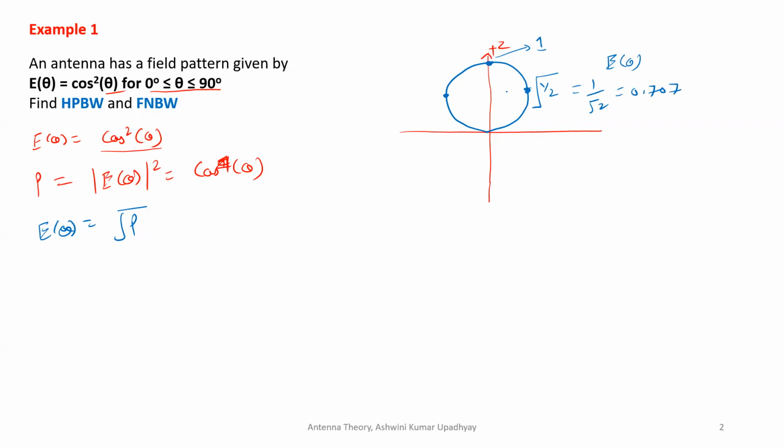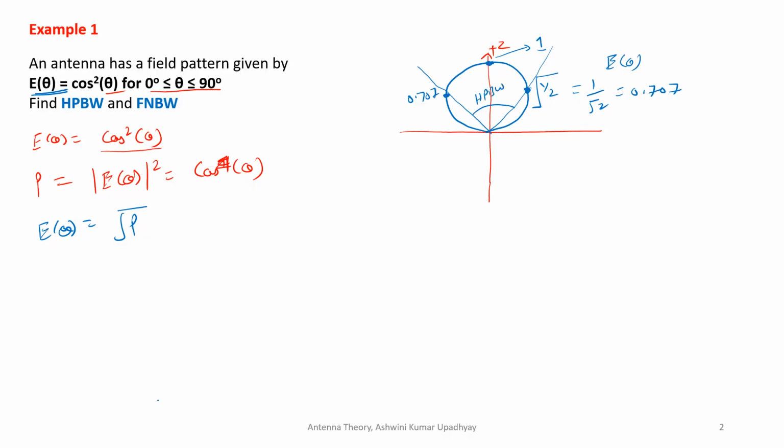So if you are talking about the electric field pattern, which is the case here, on both sides of this curve, the magnitude of electric field at the half power point will be 0.707, because your maximum is 1, right? If you connect these points with the origin and calculate the angle between them, this angle is what is called your half power beam width.